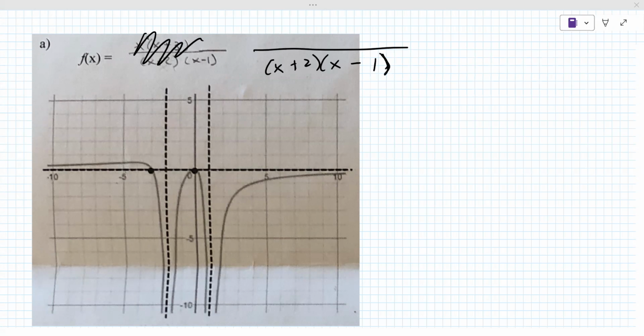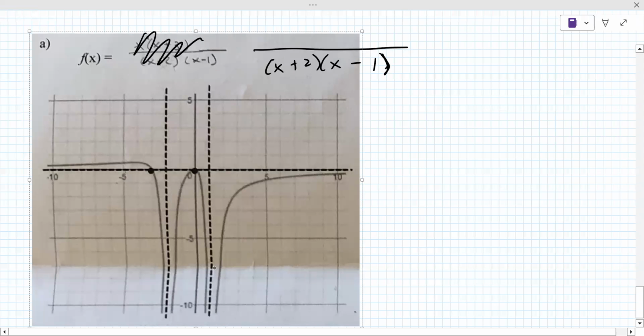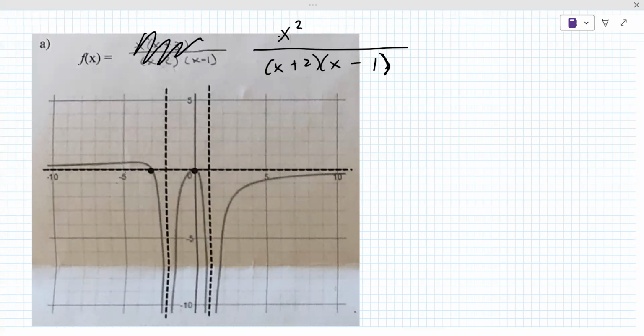And then this part right here, when it touches at 0, that means there's an X squared in the top, because if it touches, it has to bounce. And that's where I think part of the issue is going to be here. But only one there at X plus 3.